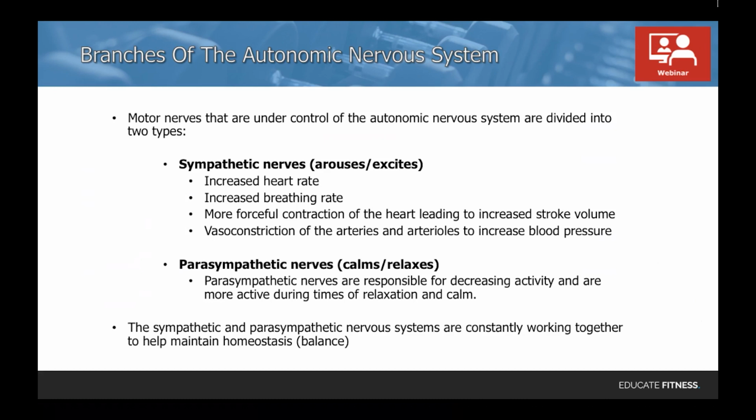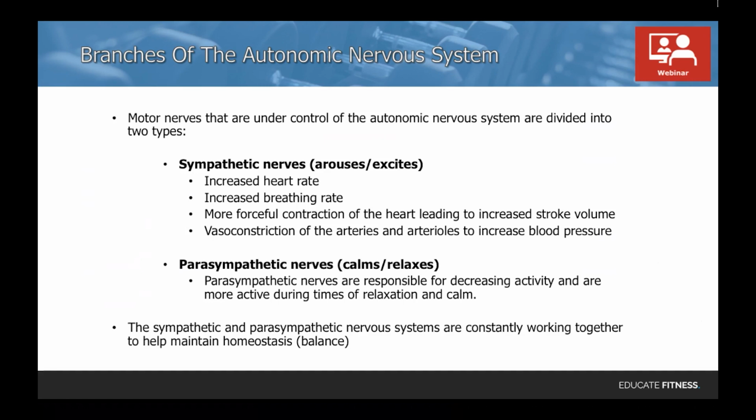Everyone's heard of the fight or flight response, when your adrenaline kicks in. When the body needs to fight or needs to run away, you're going to have increased heart rate automatically. Your cardiac output's going to increase. Your lungs are going to work harder.